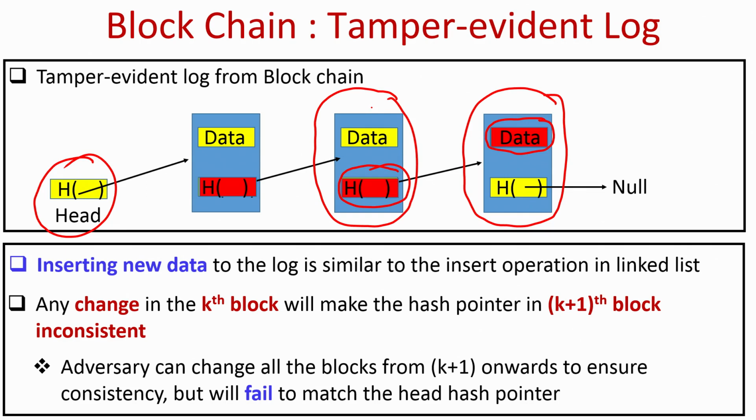To make it consistent, the adversary now has to change the hash pointer which is stored in the first node, and as soon as he changes it, the binary content of the first node becomes different. And to make it consistent, the adversary now has to change the head hash pointer as well.